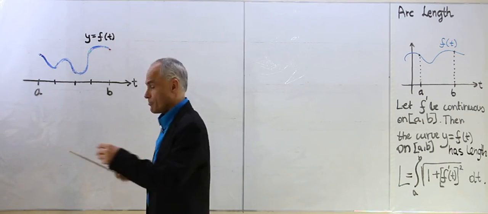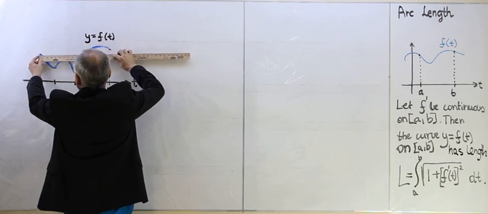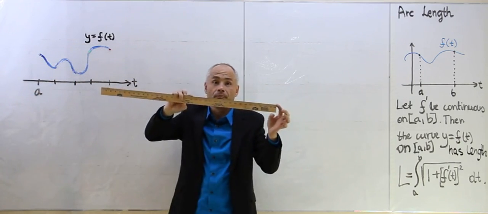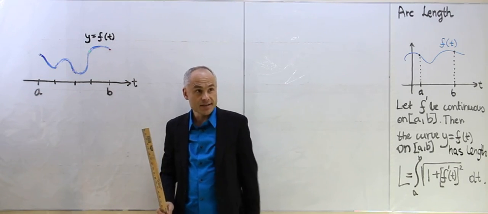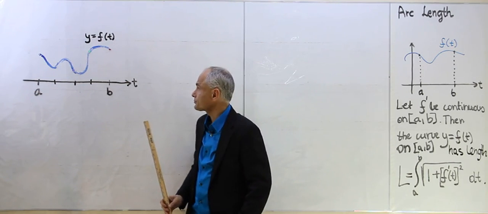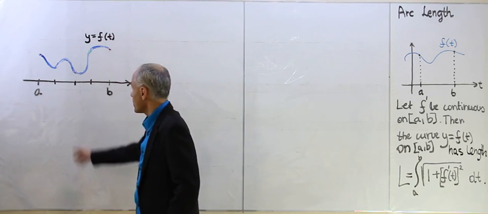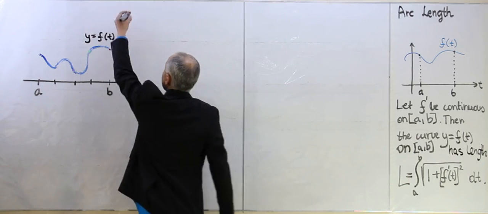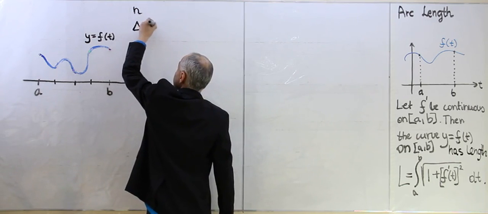So how will I come up with these numbers? Well, the first approximation could be just measuring the distance between the endpoints of the curve. So we write down this number. But then we could do better. We could subdivide our interval AB into, say, n pieces, and each piece will have length delta t.